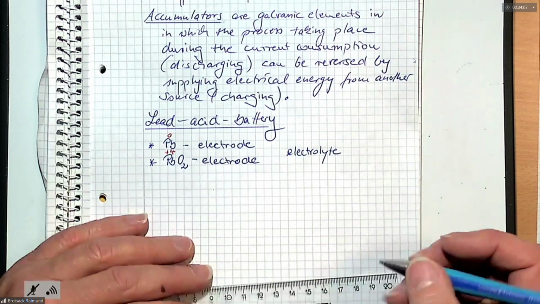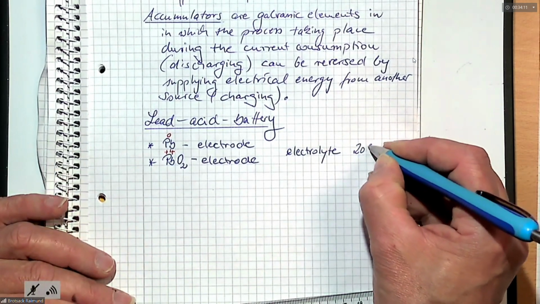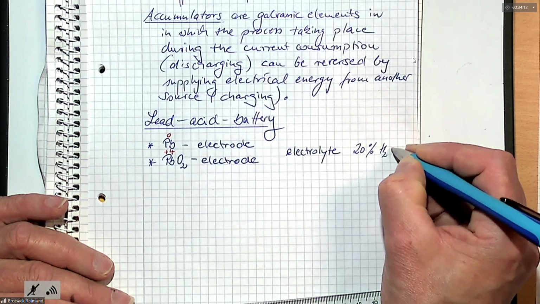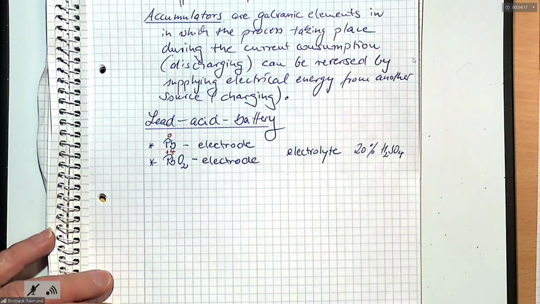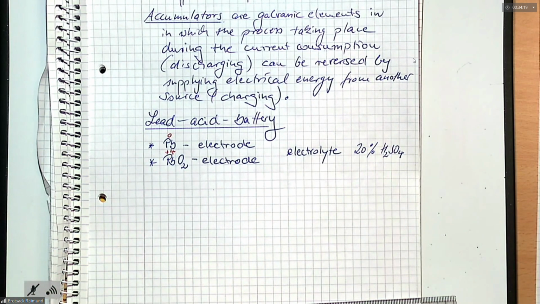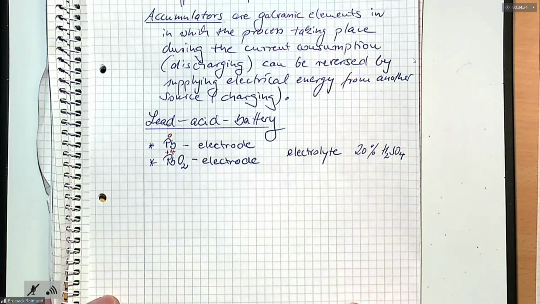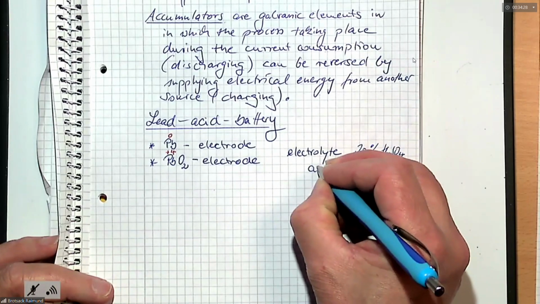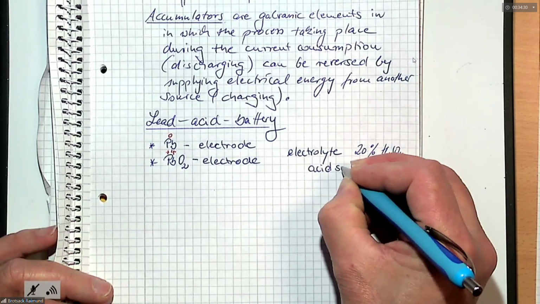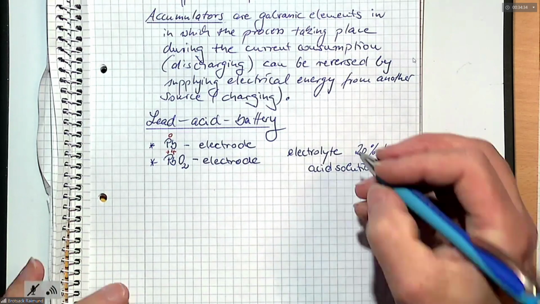Yeah, it is H2SO4, 20%. So it's a very strong acid, and even in a high concentration, don't dip your fingers in. So it's an acid solution. We call it electrolyte.